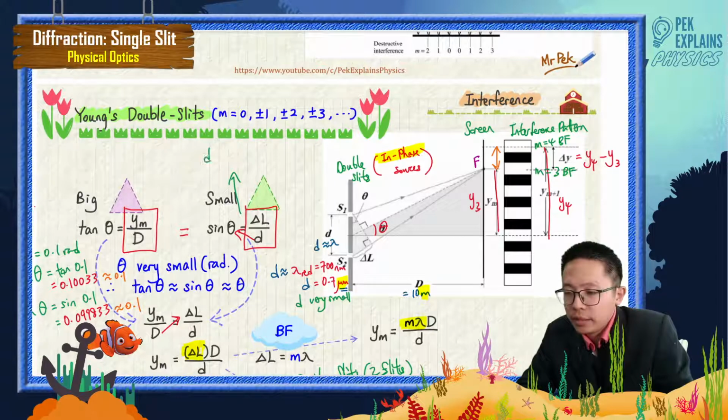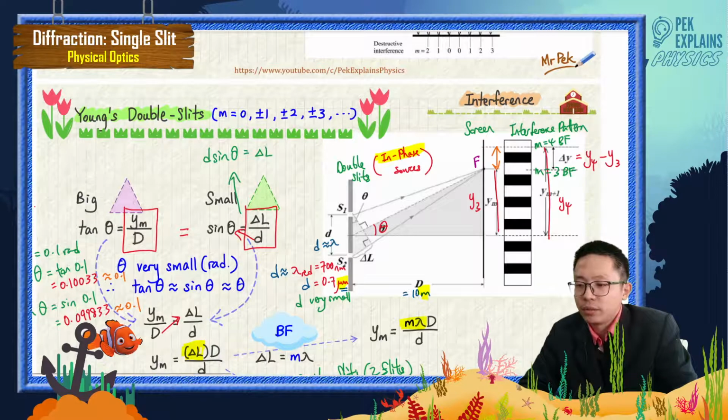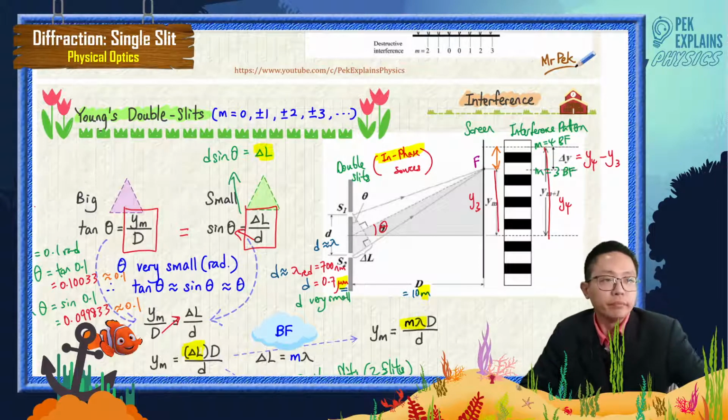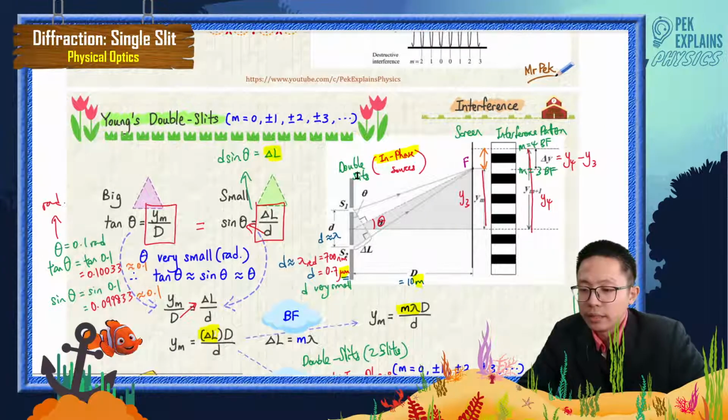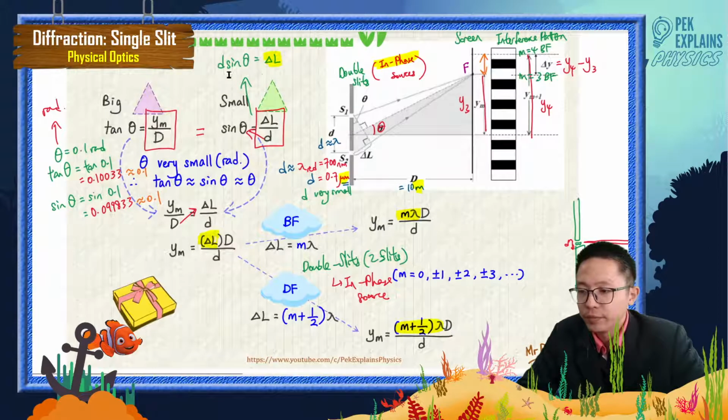We will get d sine theta equal to delta L, isn't it? d sine theta equal to delta L, this one.